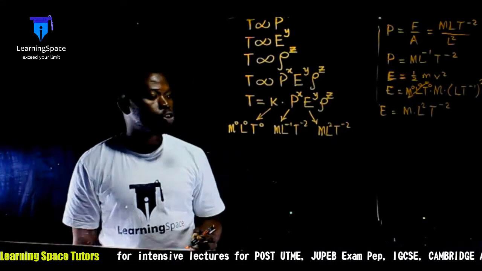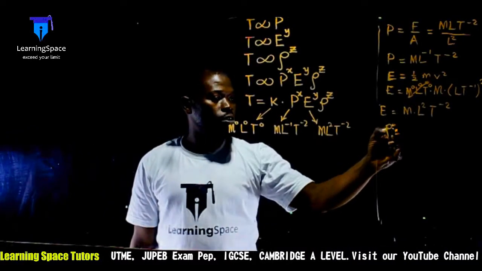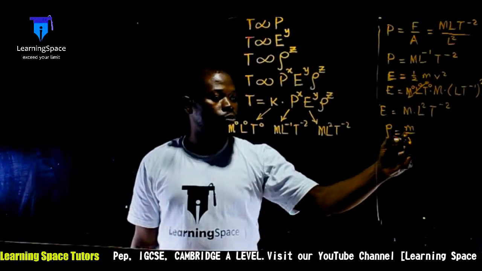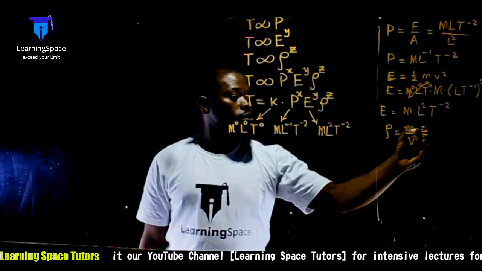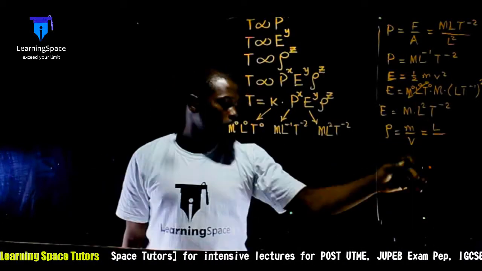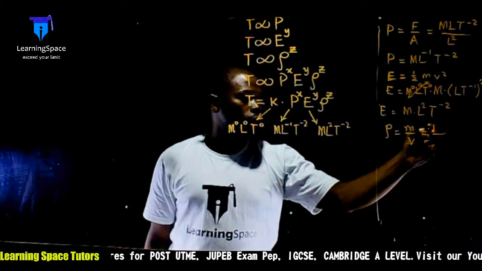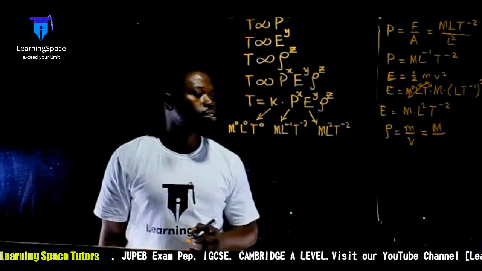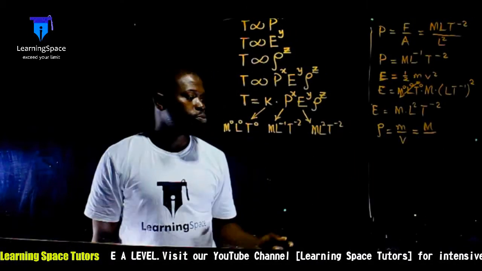As we all know, density of any substance is mass per unit volume. The dimension for mass is capital letter M, and the dimension for volume is L cubed. How do we get L cubed?